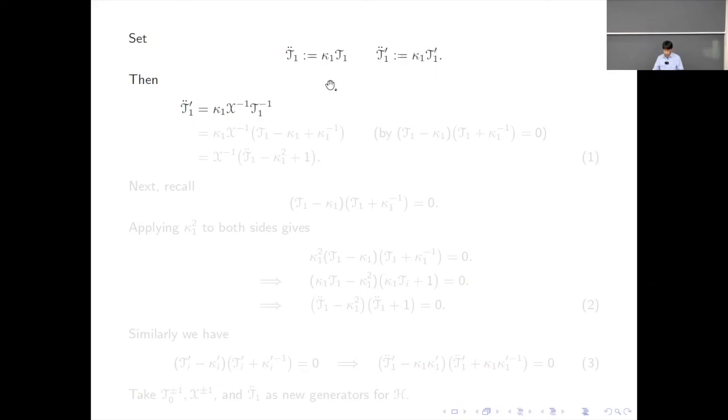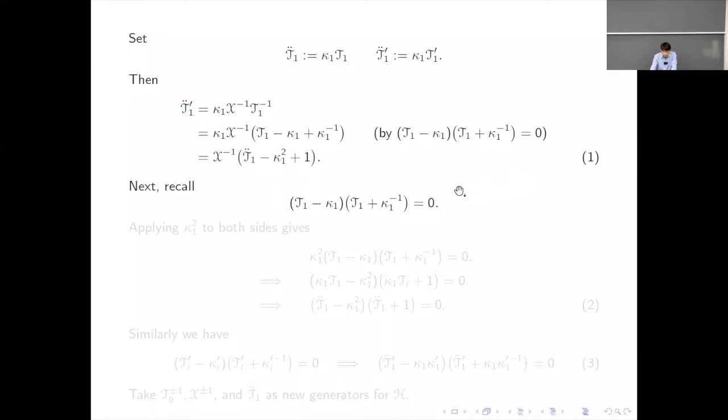But T1 prime by definition is X inverse. And now because we have this relation, this is the definition of DAHA, we replace T1 inverse by this and just plug in K1 into this parenthesis. We express T1 prime double dot as some expression involving T1 double dot.